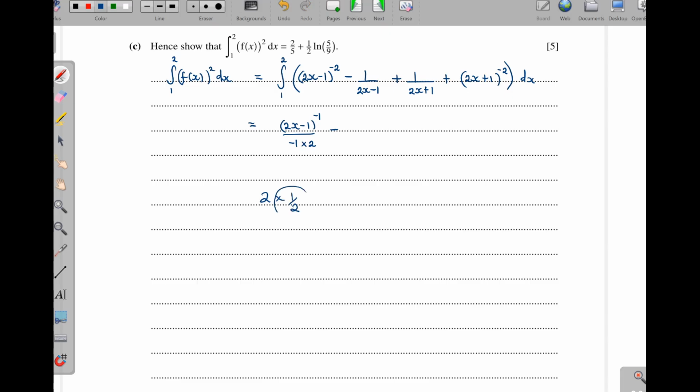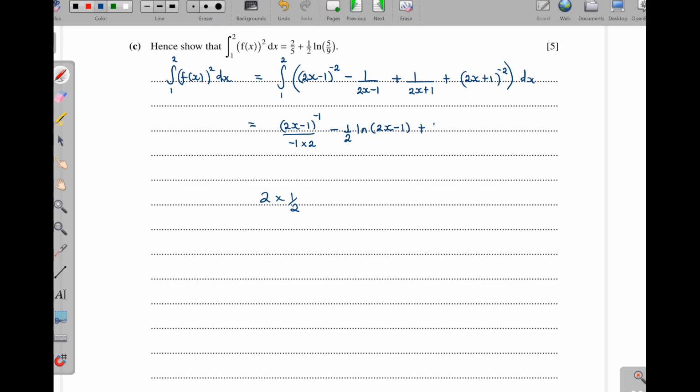Now, what I've done to my derivative is going to be what we call the coefficient of the natural log of the denominator. So what do I mean here? I'll put a half, then the natural log of the denominator, which is 2x minus 1. The same thing here, when I differentiate this, I get a 2, but how do I get a 1 here? By multiplying it by a half.